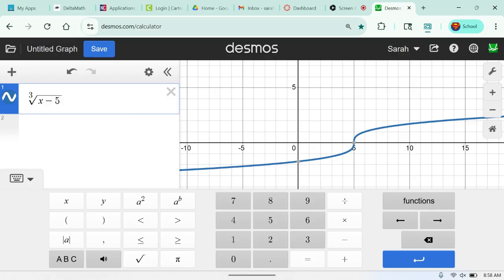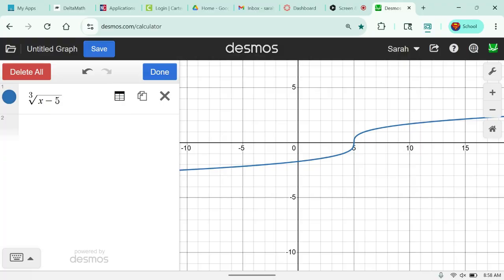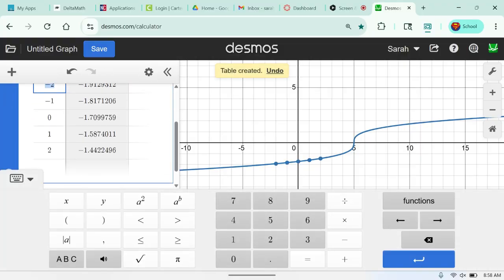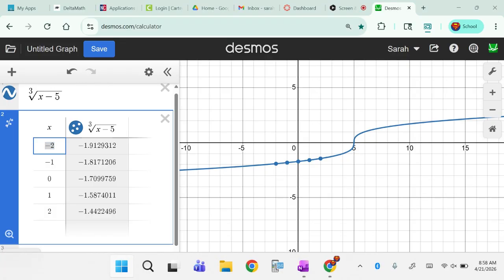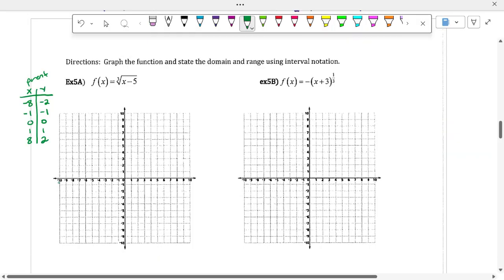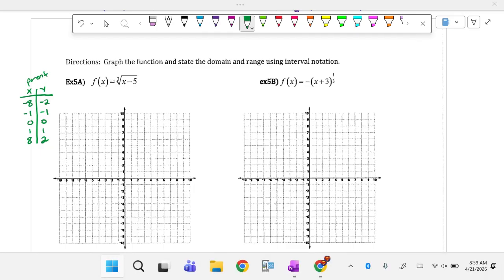Now, I'm going to generate this table. So, as of right now, I just got a bunch of irrational numbers. That ain't going to float. So, my suggestion is, since a cube root can span the entirety of your x-axis, start with -10 and go down the line. All right?